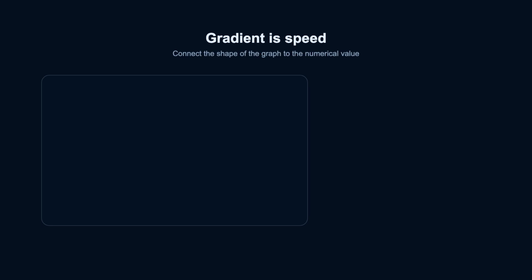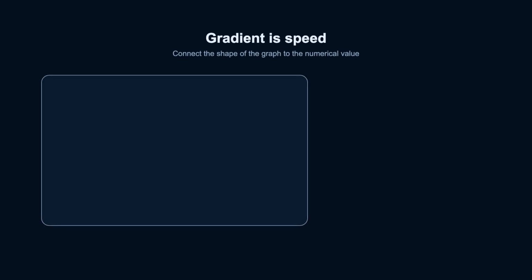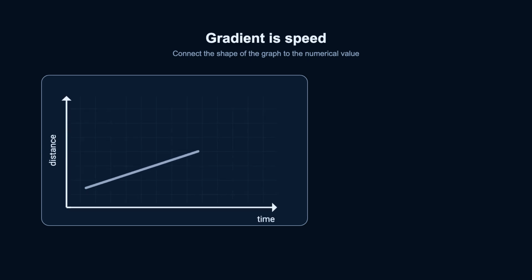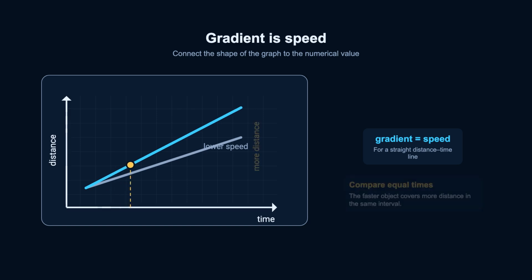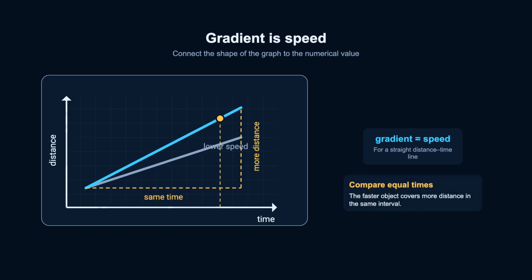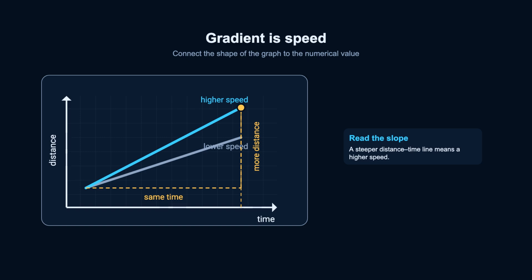Here's the key link between the picture and the number. The steepness of a straight section on a distance time graph, its gradient, is exactly equal to the speed of the object. A steeper line means a bigger change in distance for the same change in time, which means a higher speed. Read the slope, and you're reading the speed.